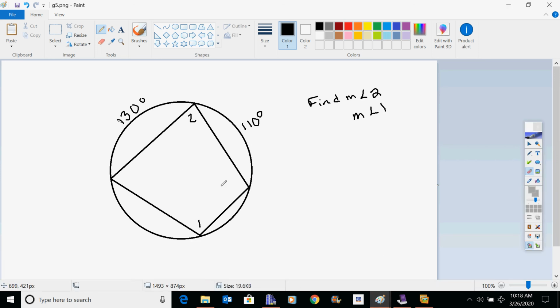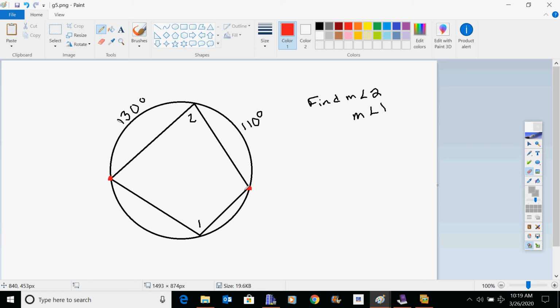All right, here's another one. Some of these have more and some have less. We need to find angle 2 and we need to find angle 1 in this picture. Okay, so you remember that you have an inscribed angle and it's half the intercepted arc. So over here, if we think about these 2 points here, angle 1, here we have this.